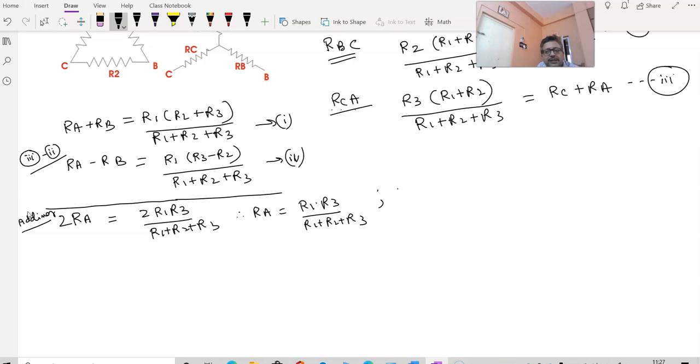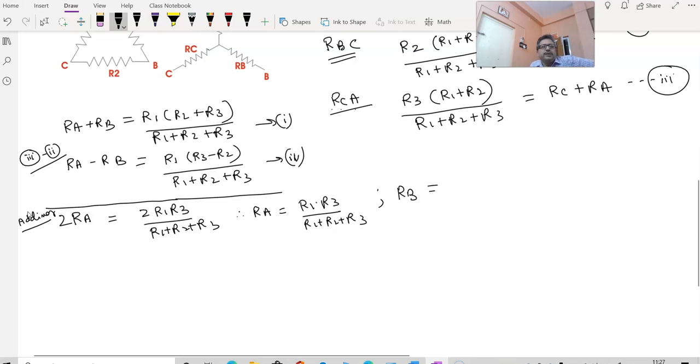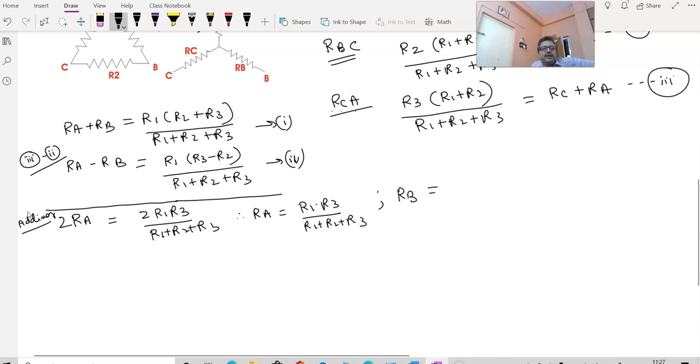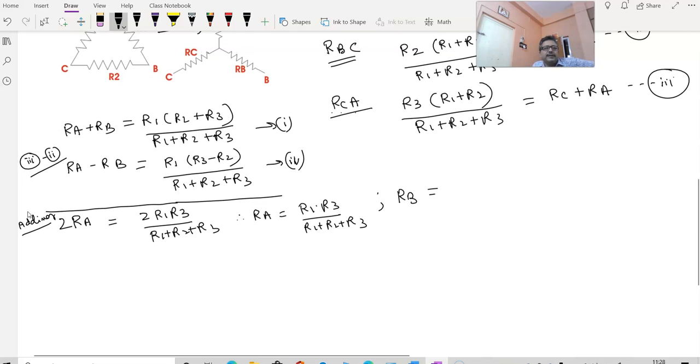I will not show you the detailed calculation for RB and RC. I will just write the values over there. RB, if we calculate, just subtract 1 minus 2, then which part is remaining? R1 R2. The R1 R3 part gets cancelled.